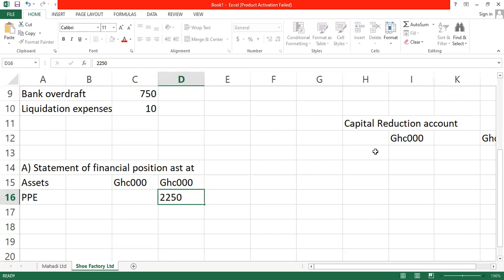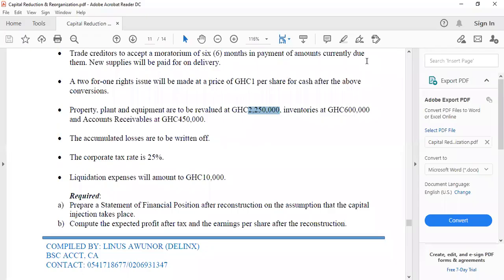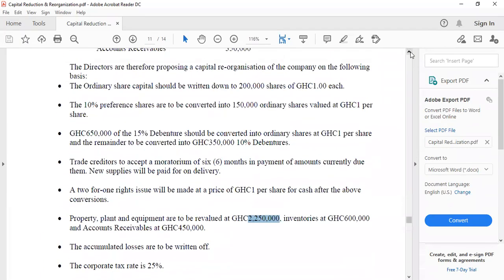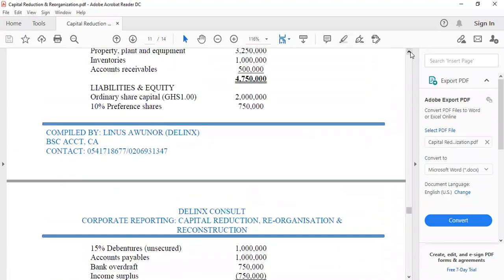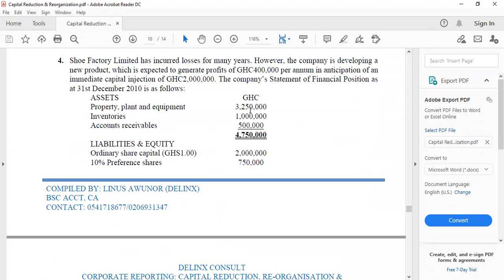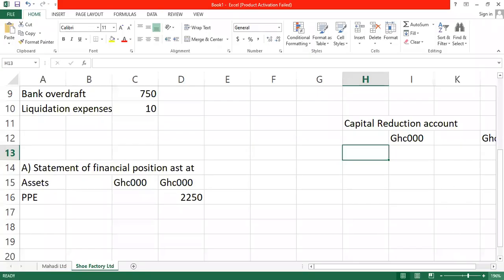Yes. So the question is, what was the original value? 3,250. Is it a reduction or an increase? Reduction. So that will go to the debit or credit side of the capital reduction account? Is it going to be a debit or credit?